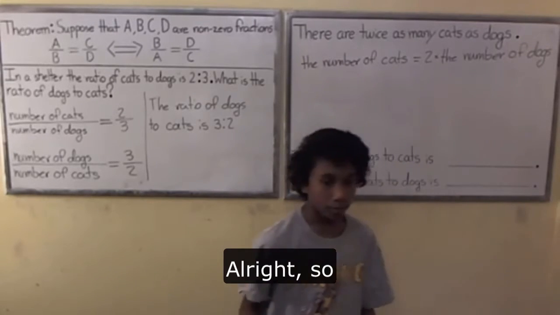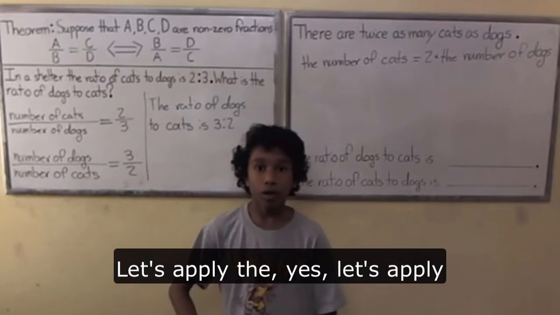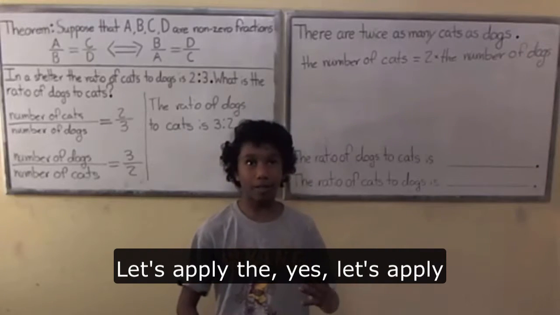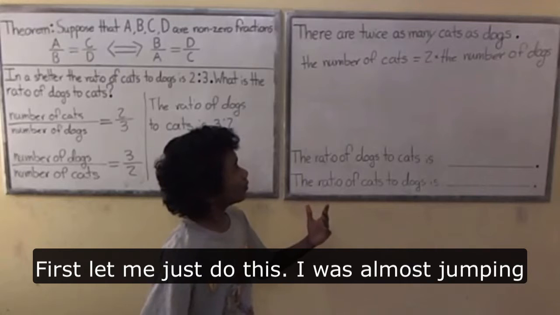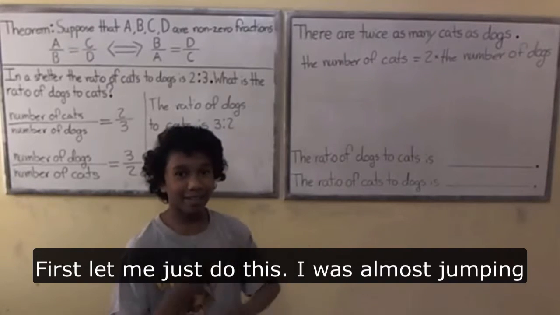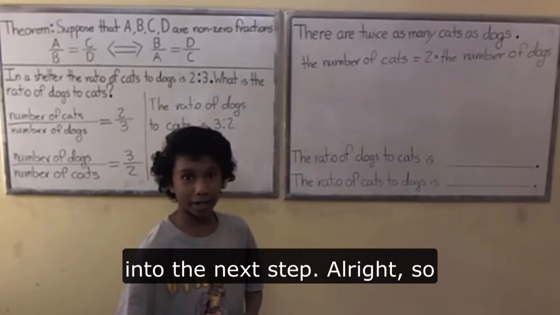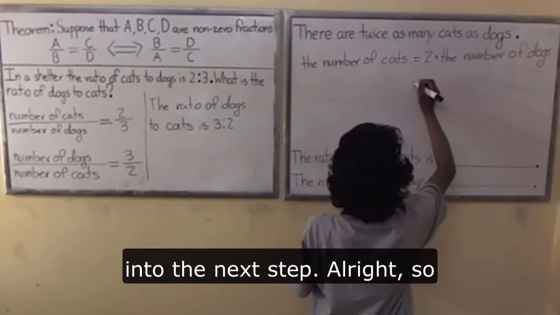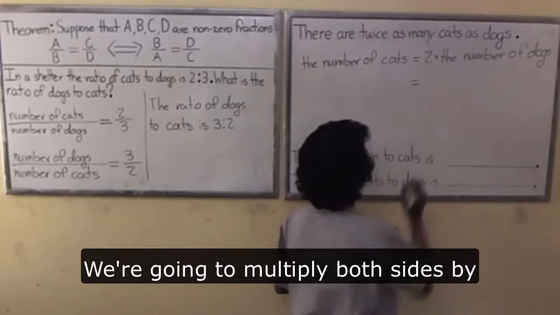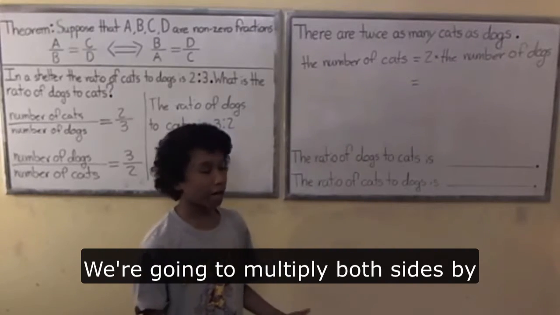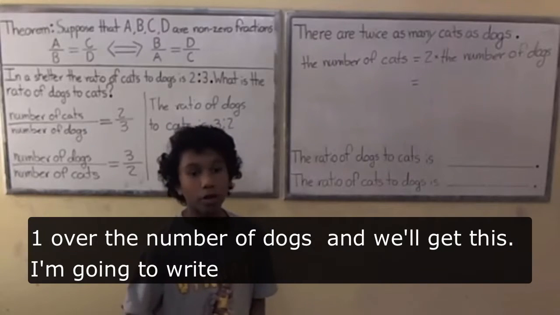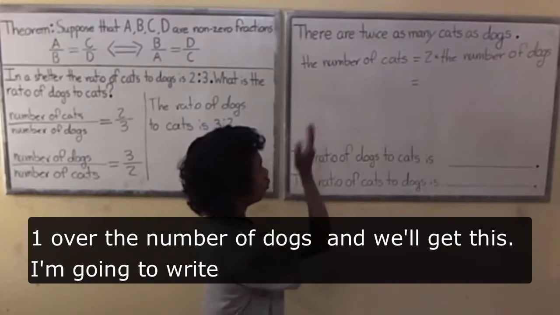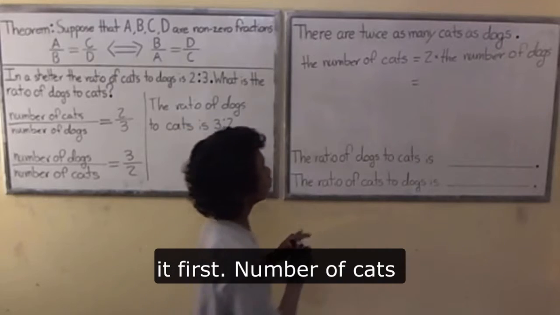All right. So, let's apply, well, first let me just do it. I was almost jumping to the next step. All right. So, we're going to multiply both sides by 1 over the number of dogs. And we'll get this. I'm going to write it first.